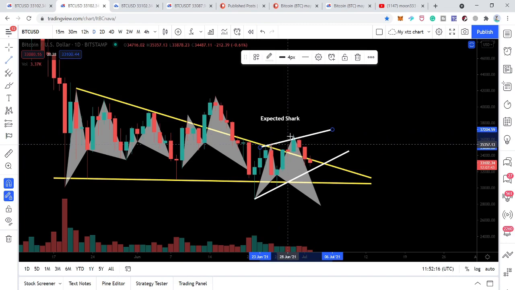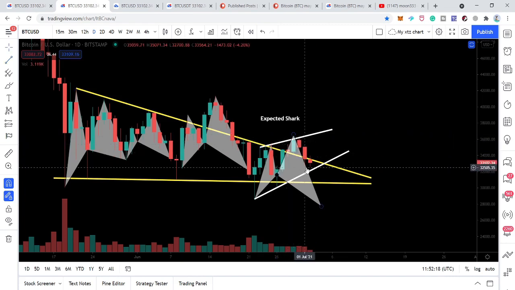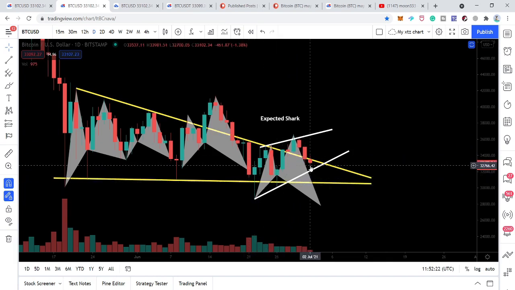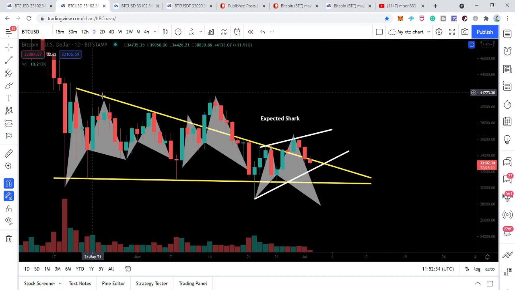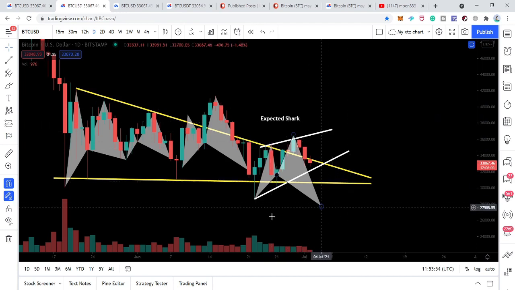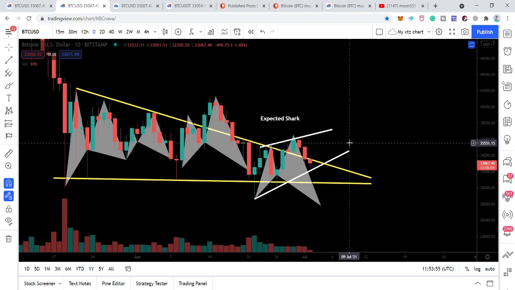So the resistance is confirmed, but so far the support is not confirmed because we have only 2 touch points. Once we have another reversal from here, then it is a perfect formation of the rising wedge pattern, and if the price action moves up from here, then we will already be out of the resistance of this previous descending triangle. That is a bigger pattern than this expected rising wedge pattern.